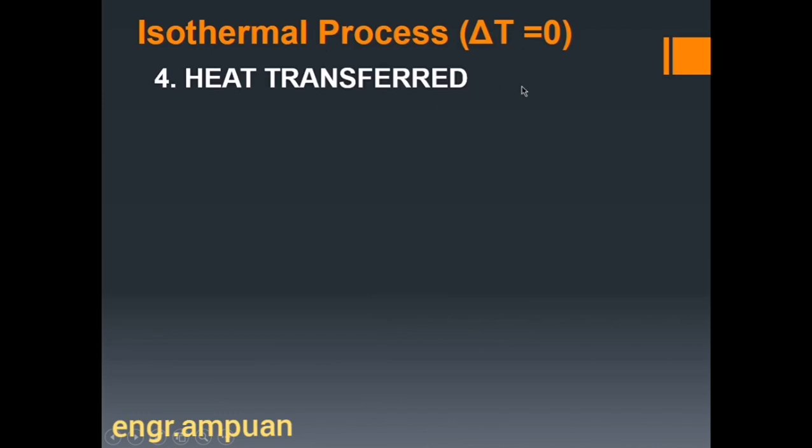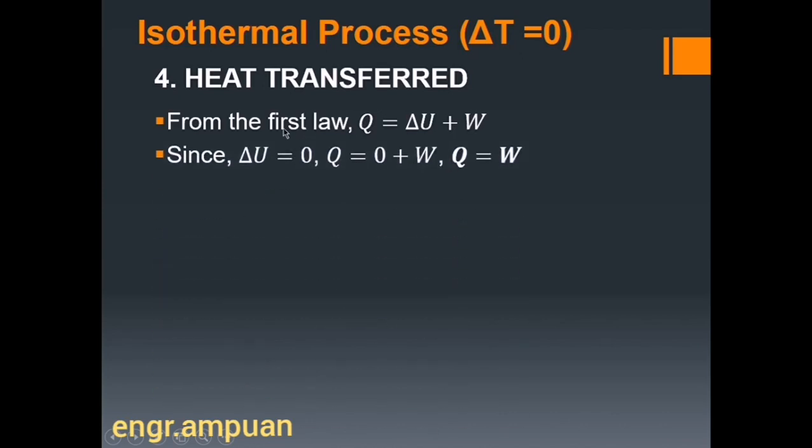So the heat transferred of the isothermal process, from the first law, heat transferred equals change in internal energy plus work. Since our change in internal energy, from the previous slide, is equal to 0, we could say that Q is equal to 0 plus W. Overall, we could say that the heat is equal to the work.